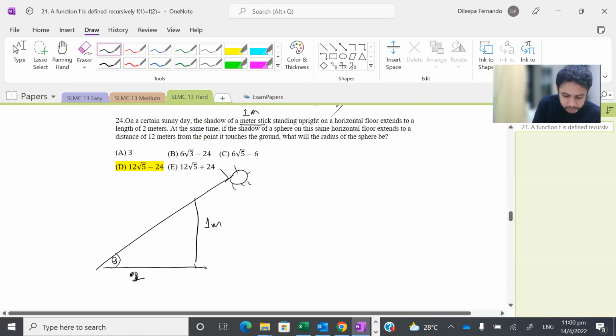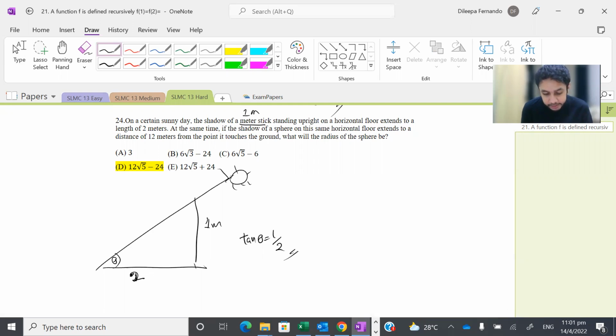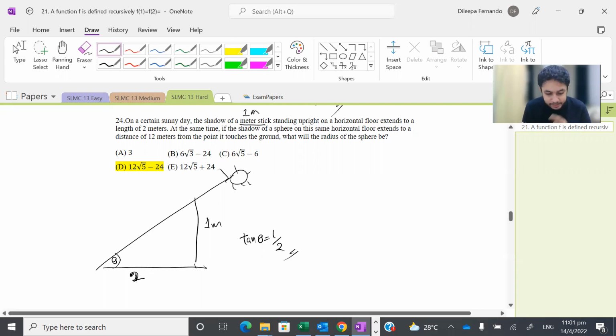That means you know the angle of the sun. So tan theta equals half. So this is one piece of information. At the same time, the shadow of a sphere on the same horizontal floor extends to a distance of 12 meters.